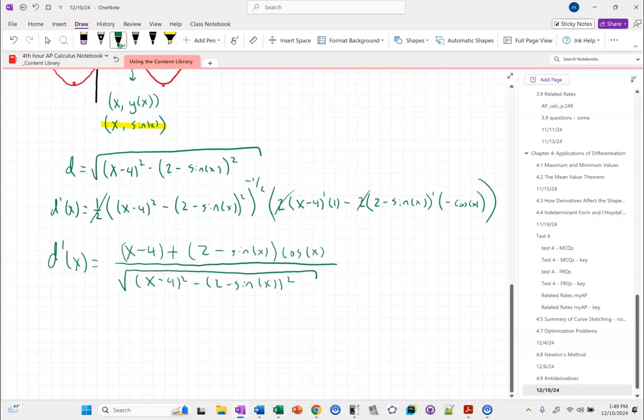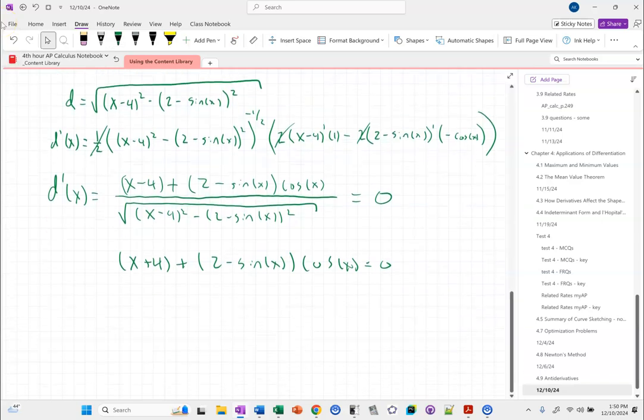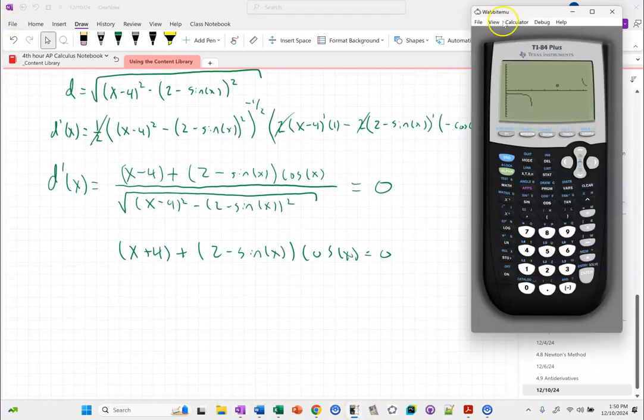That should be plus, sorry. If I set this equal to 0, I know a fraction is equal to 0 whenever its numerator is equal to 0. Is that okay? So let's just do that.